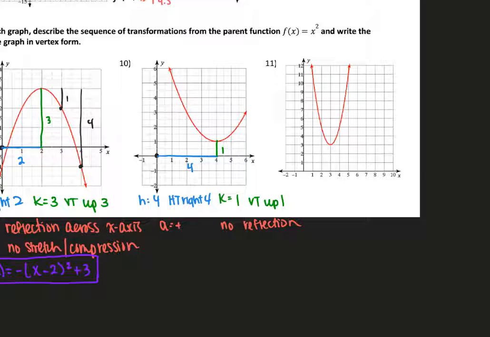And then again, to figure out whether there's a stretch or compression, we're going to see how this parabola is graphed. So when we go over 1, all we have to do to get to our parabola is go up a half. Normally in our parent function, we would go up 1 whole unit, but we're going half as much. So let's check the next one.